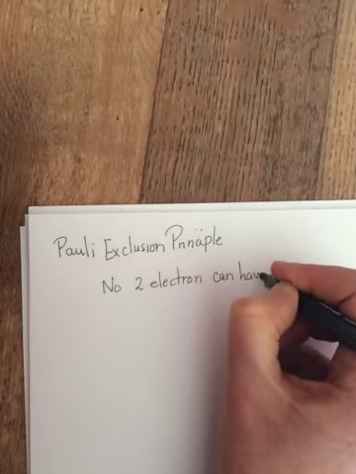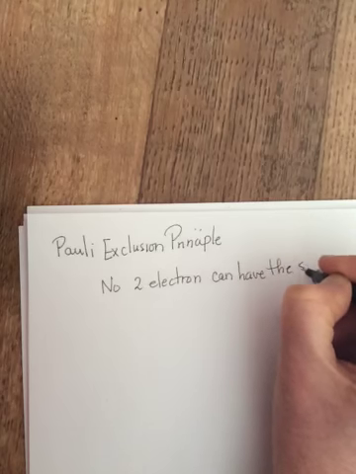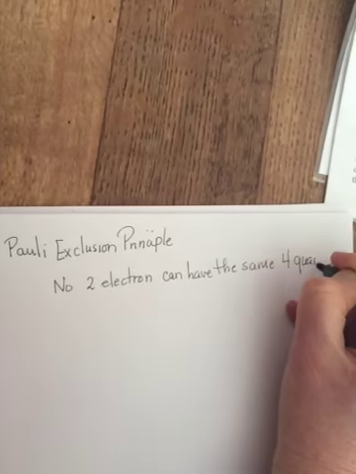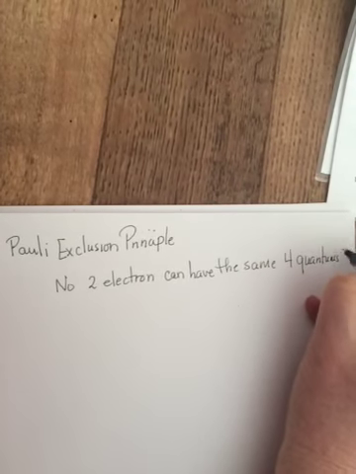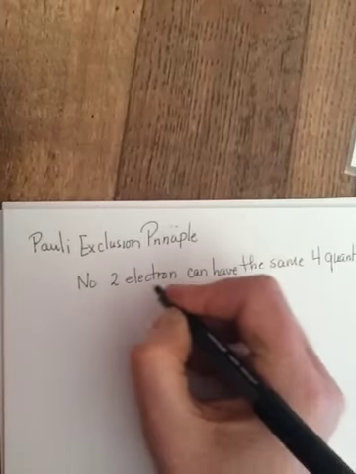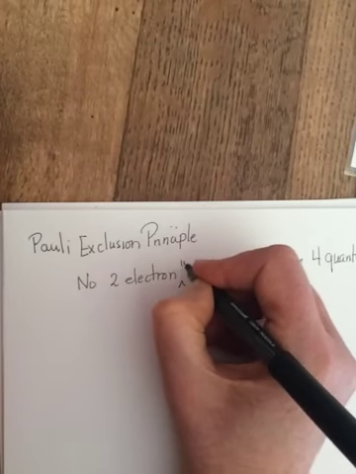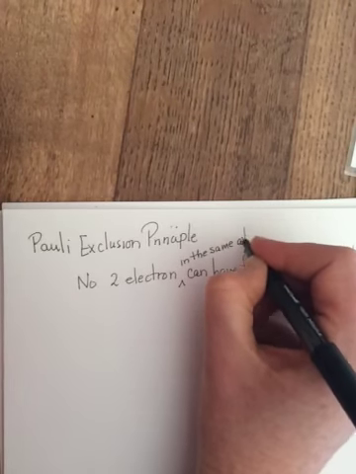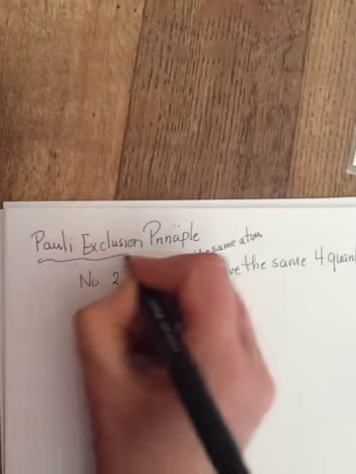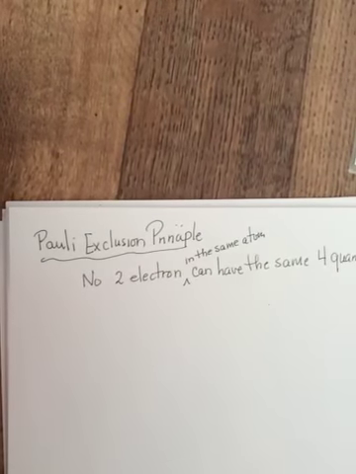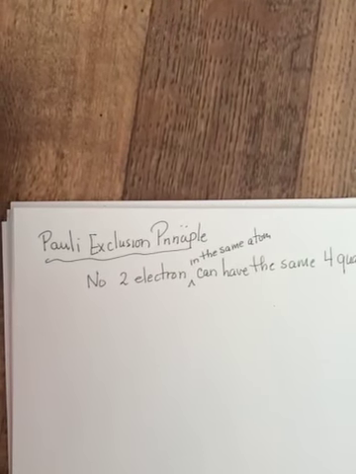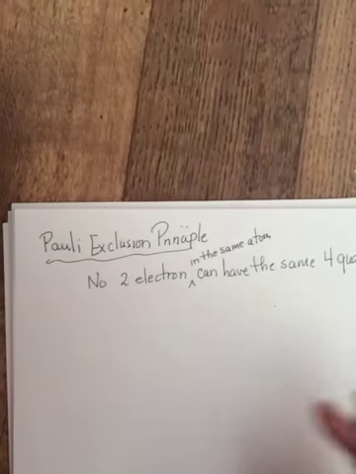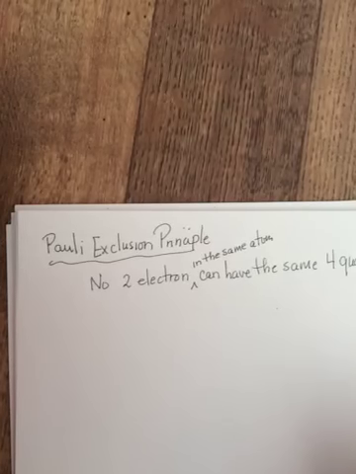Obviously, this is no two electrons in the same atom. Another way that you will see it written is that no two electrons can be in the same quantum state. It just means they can't have the same four quantum numbers.